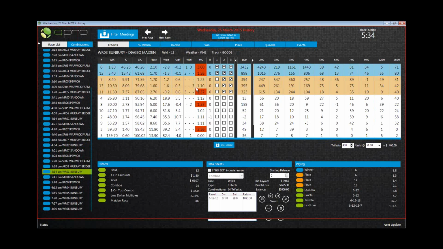Now, here I guess we could look at doing a percentage. We could consider as an option mega factor, but of course when we look down at the pool, it's not anywhere near the required minimum of $8,000.